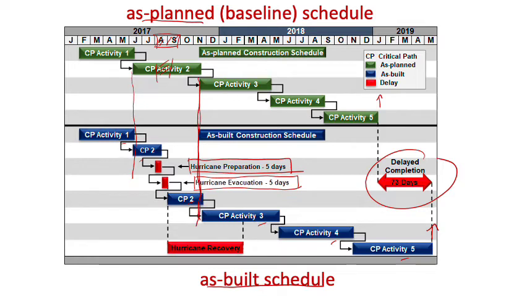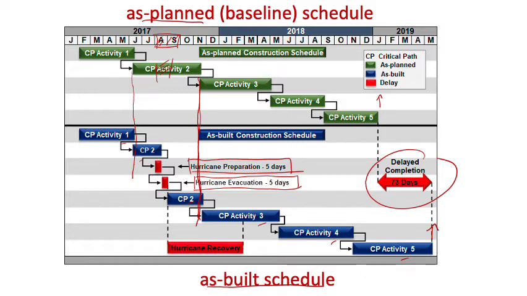So mostly no change on activity 2, it just started and finished as planned. So you can say that this hurricane event does not make any impact on activity 2. So which activities were impacted by the hurricane?